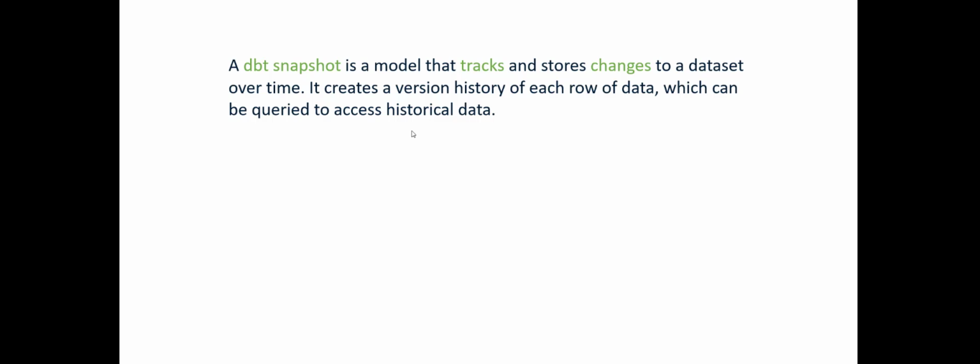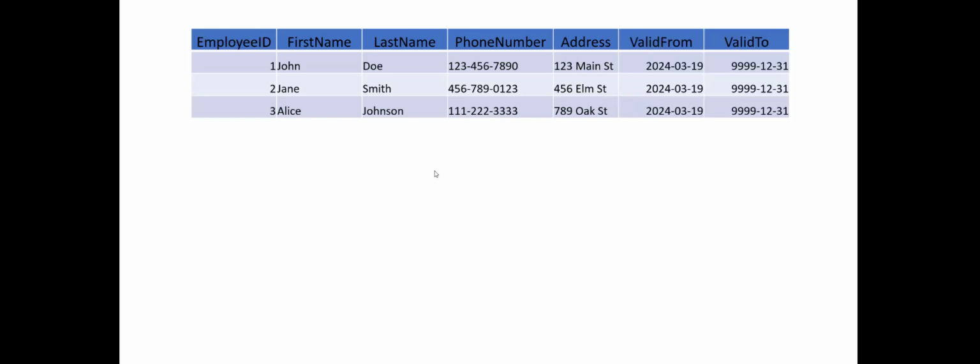So let's first understand what this SCD type 2 is. Here I have represented an employee table which has a few columns, and I want to keep track of records whenever there is a change on this table. Now in SCD type 2, whenever we are tracking something, we add a few columns, like valid from and valid to.